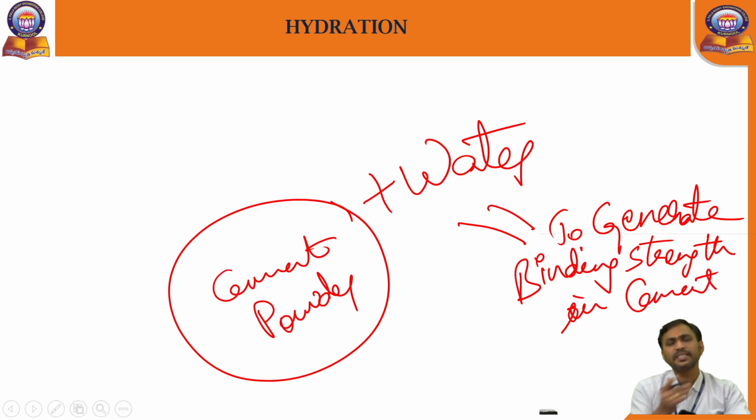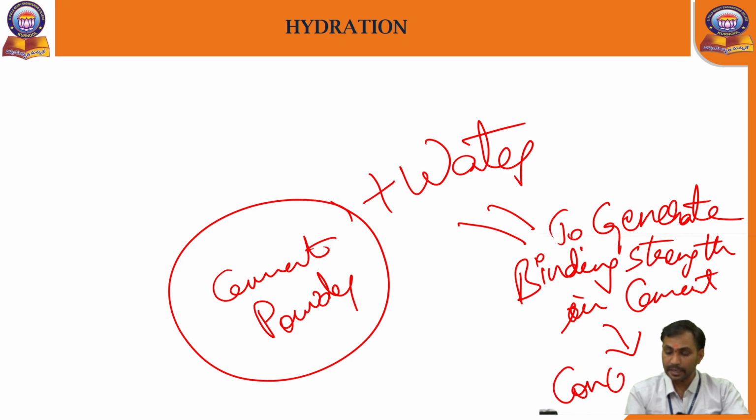Why do we have to generate the binding strength in cement? Because it will be used for concrete members, not concrete beams, concrete members. Those concrete members become concrete beams, concrete columns, concrete slabs, concrete flyovers, bridges, anything.